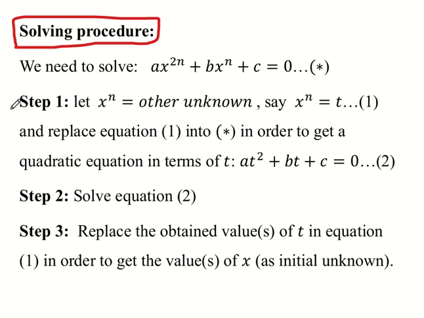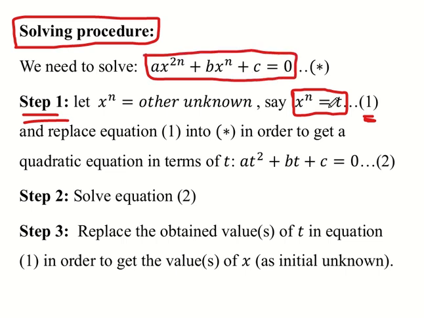Generally, to solve the biquadratic equation, there are 3 steps to follow. In step number 1, we let x power n be another unknown, say x power n equals t. Then we replace this in equation star, and we obtain a quadratic equation in terms of t, which is equation 2.